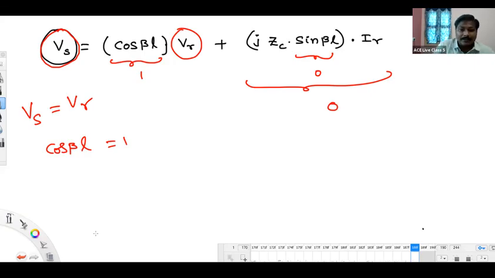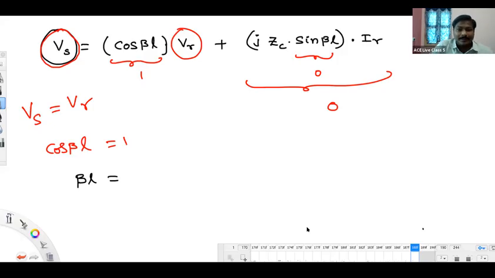Cos βL equal to 1 means what is βL? βL will be 0. Then the length of the transmission line is 0, so there is no meaning of saying there is a line. Length of line 0 means definitely the sending end and receiving end are the same. There is no transmission line at all if length is 0. Other than this, any other option?